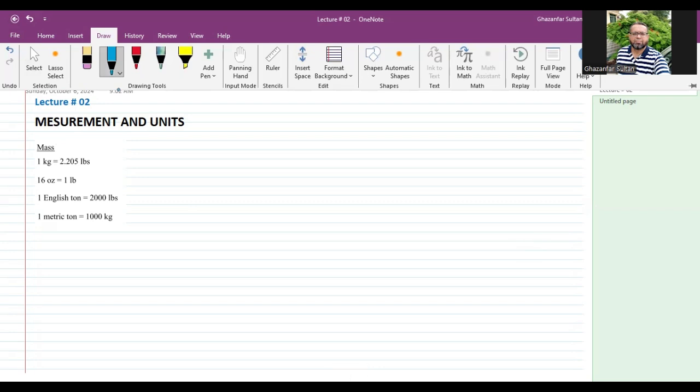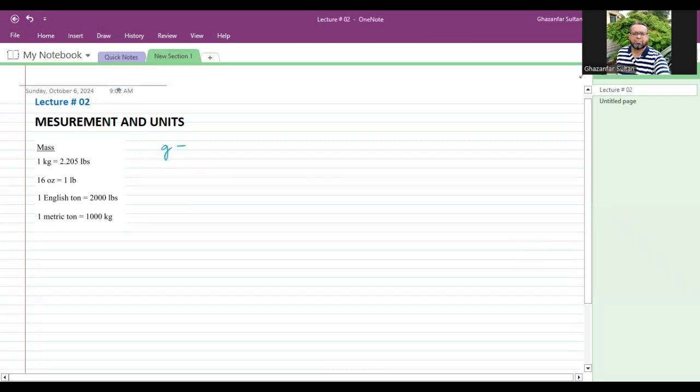Here there is a relationship between kilogram and pound, ounce and pound, English ton and pounds, and metric ton and kilogram. But unfortunately, we don't have the relationship between gram and the pound. So what should we do?